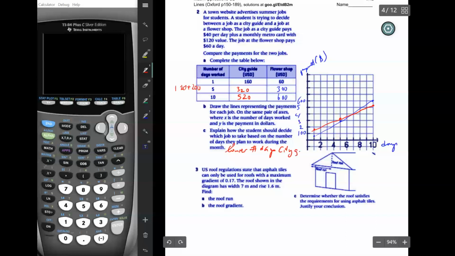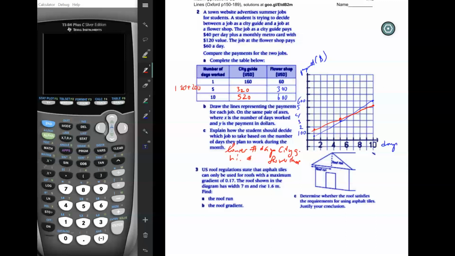And if they have a higher number of days, then they should choose the flower shop. Because if they choose the flower shop, then they can get up to $600 at the end, whereas the other job only pays up to $520, right?